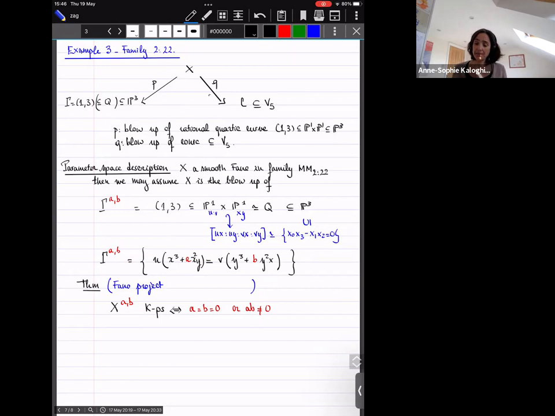And here, when we start from this description, from this classification, we can write down a parameter space description.